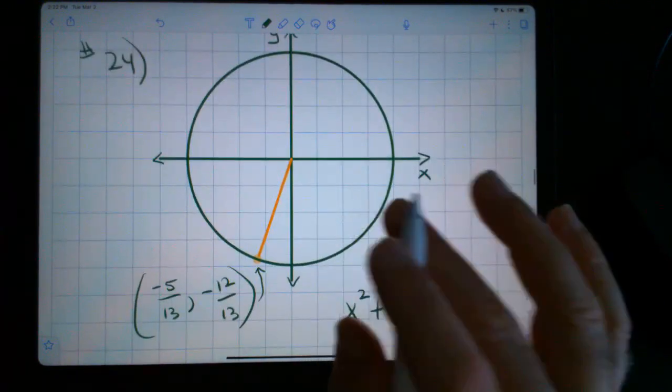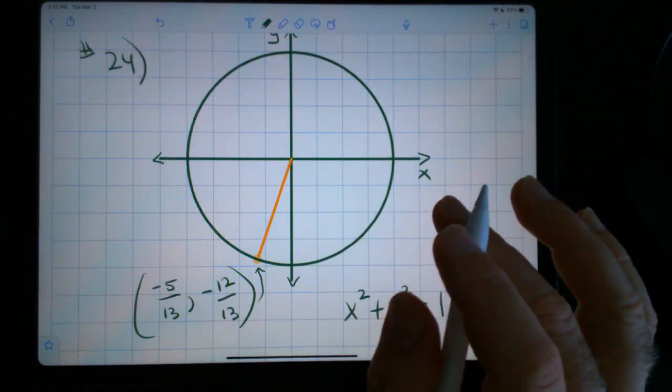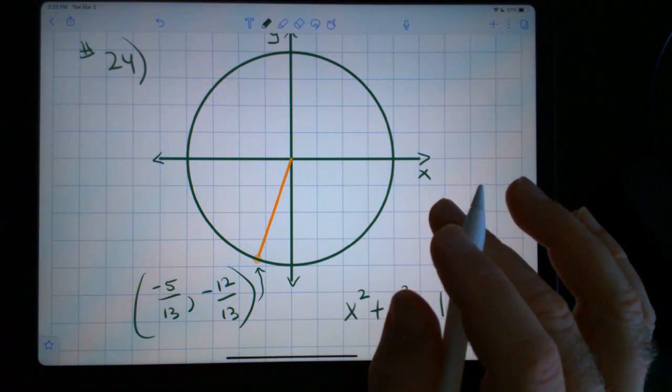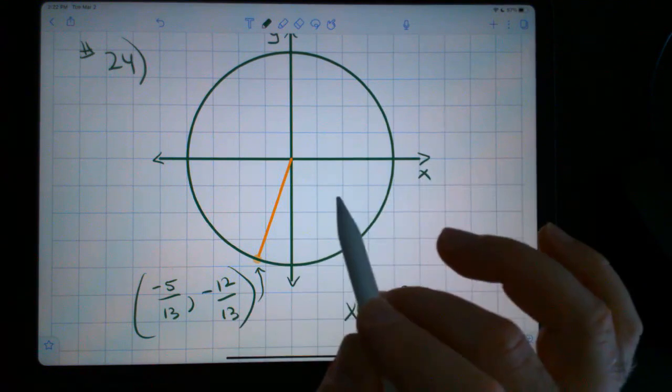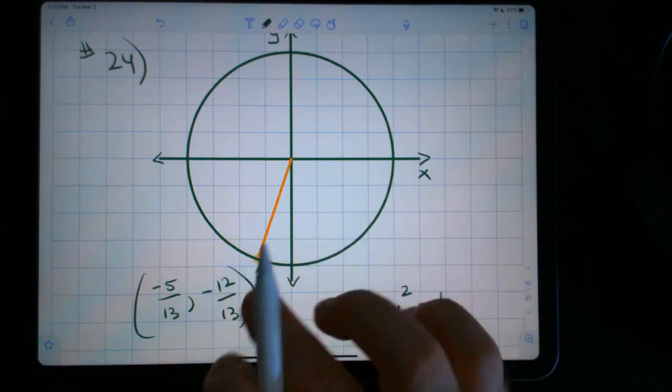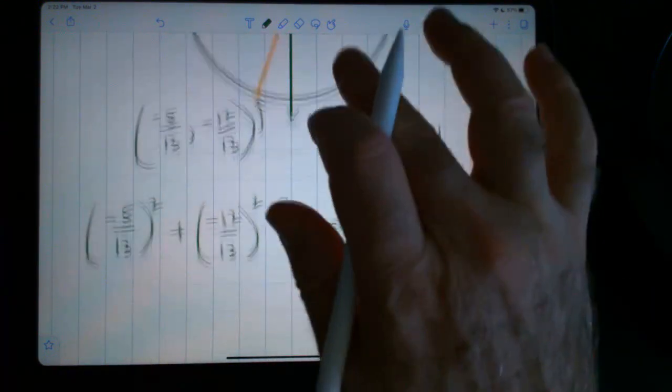So let's call the angle theta. So let's find sine theta, cosine theta and the 6 trig values.